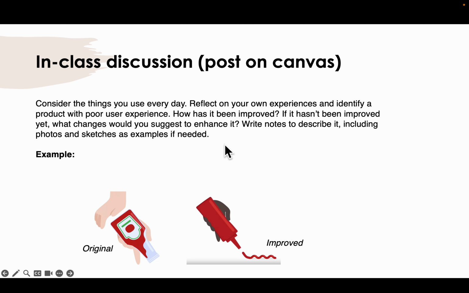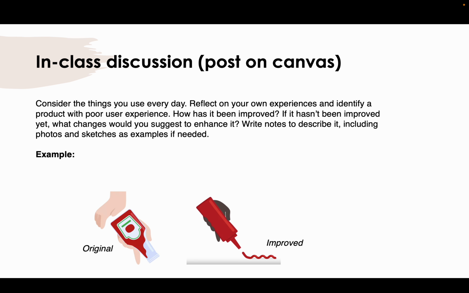So for our first in-class discussion, actually it becomes a weekend assignment, right? You are going to make a post on Canvas. Just consider something you use every day, something you're familiar with, but you think it's a really poor user experience. You find it hard to use.